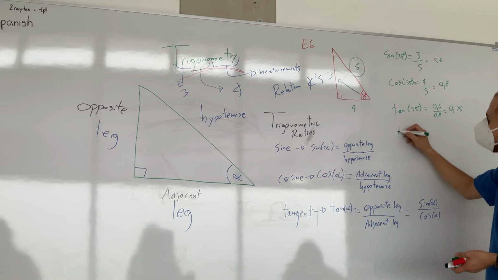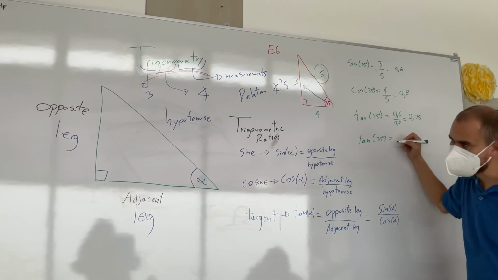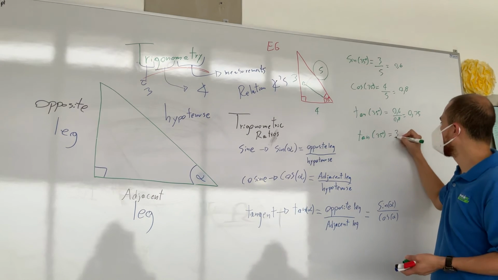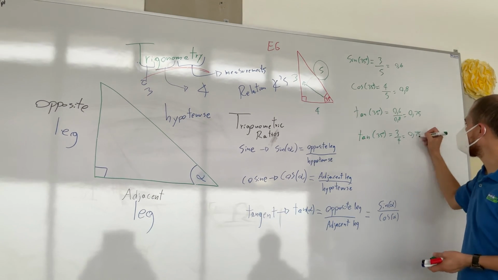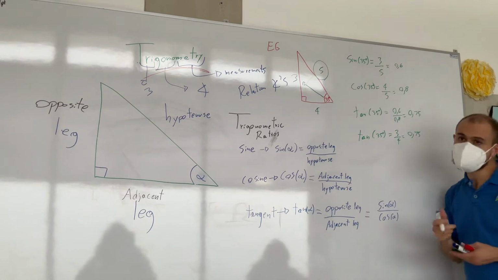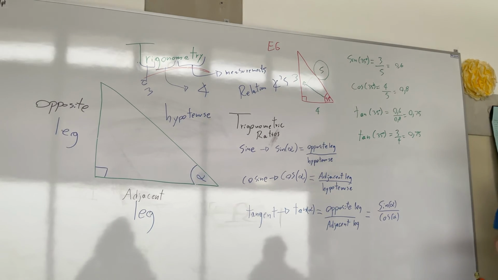Or you can also get it by doing the more common one, the opposite 3 divided by the adjacent 4, which is also 0.75. And that's how you calculate tangent: opposite divided by adjacent.